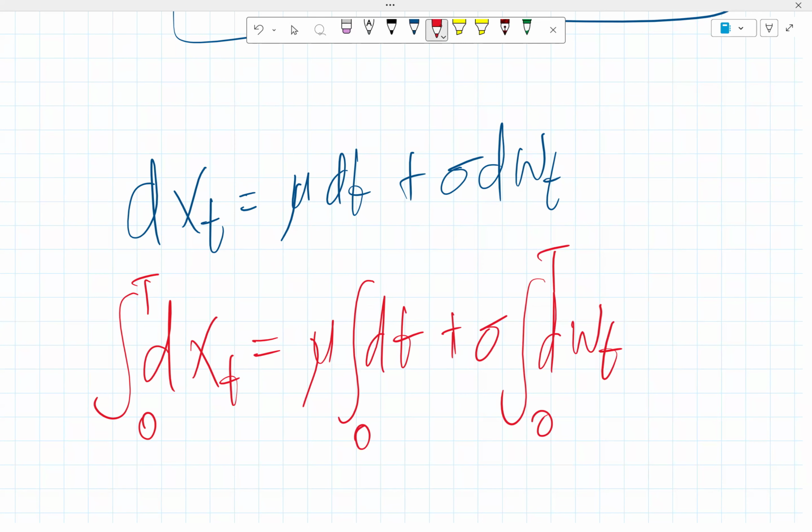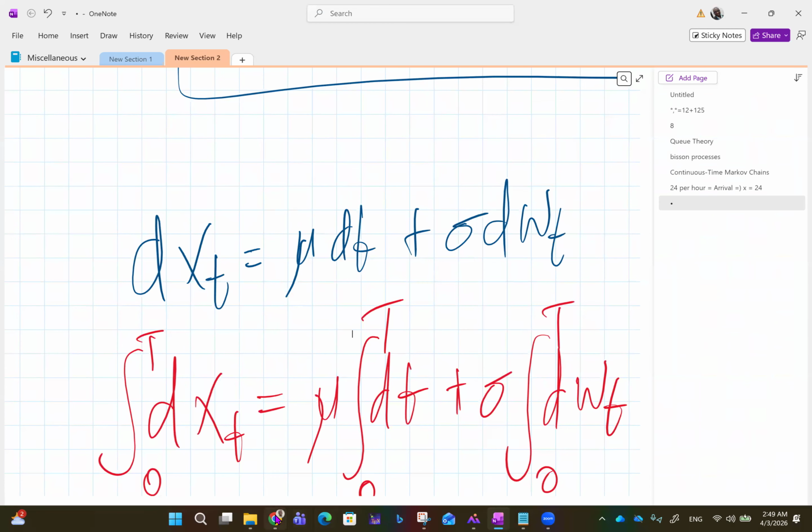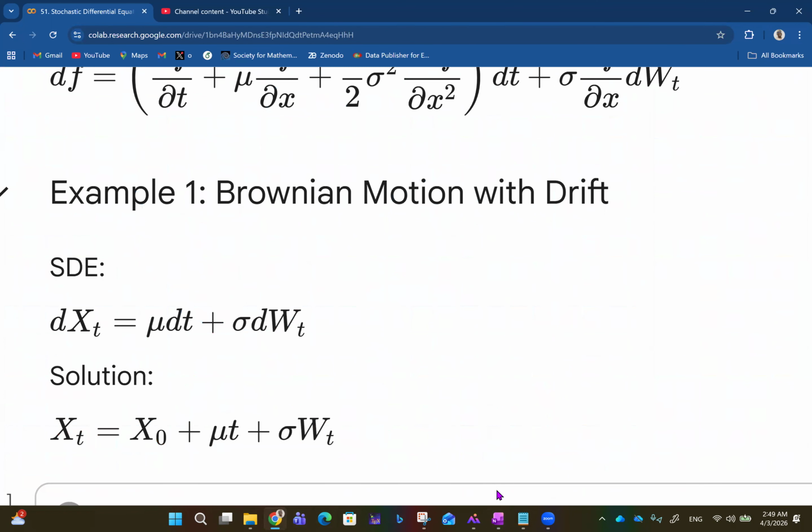I hope that works. Let me see. Or maybe we don't even bother in the first place, right? We just apply it to this, or only this one.